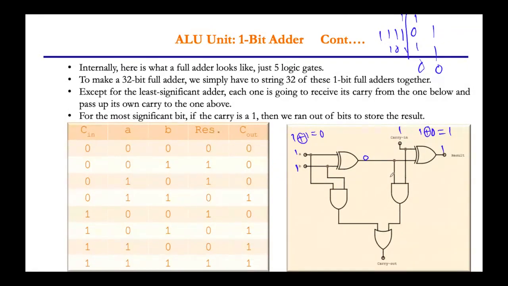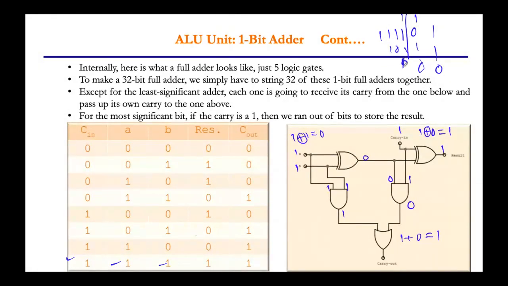So here when you give this input 0 and 1 here, here is 1 and 1. 1 and 1 result is 1. 0 and 1 result is 0. When you add 1 plus 0, result is 1. So carry out is 1. When 3 bits are 1, 1, 1, result is 0.